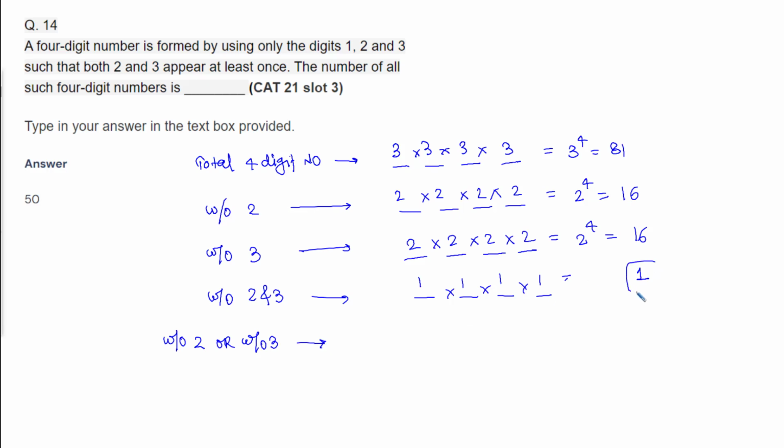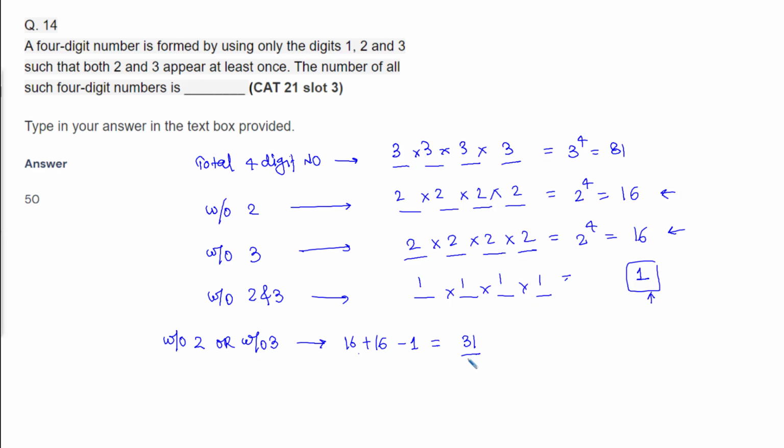This 1 is included here as well as here. So 16 plus 16, and this number is included 2 times, so we need to subtract it once. 16 plus 16, 32 minus 1, 31. There are 31 numbers that you can form without 2 or without 3 or without both 2 and 3.